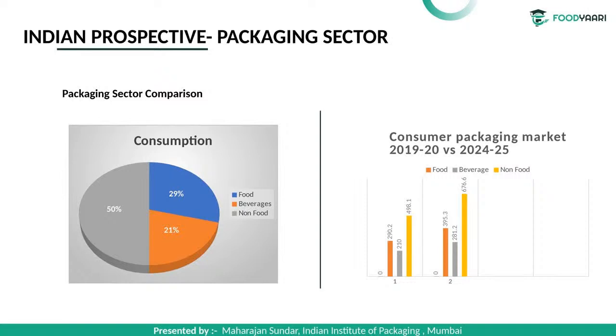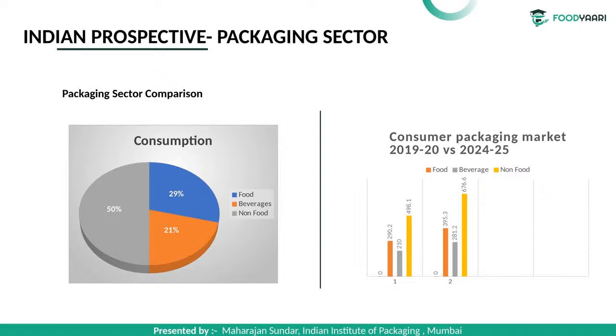Now, how much of the total packaging does the food and beverage industry consume? It occupies around 50% of the total packaging consumed. And the growth of the packaging market from 2020 to 2025: packaging of processed food and beverages tends to increase on a wide scale.